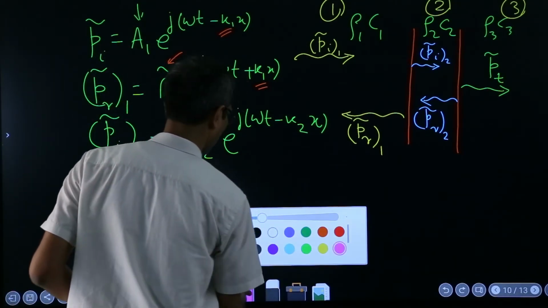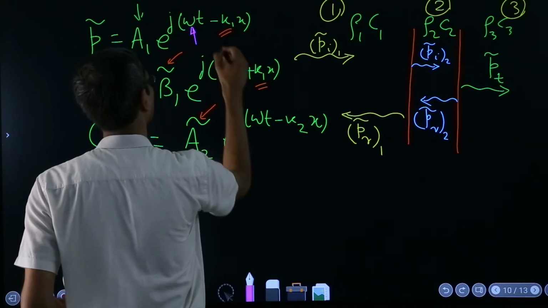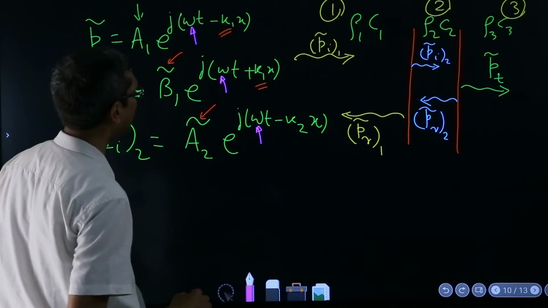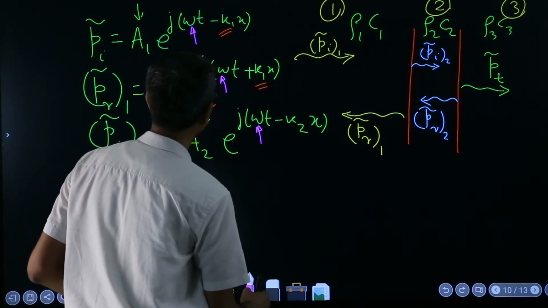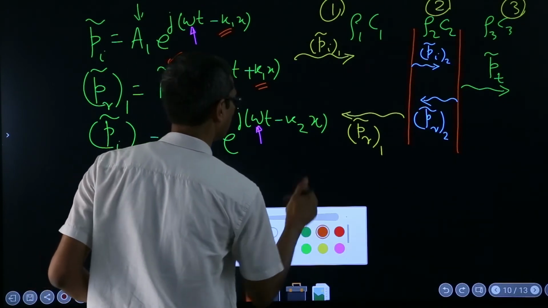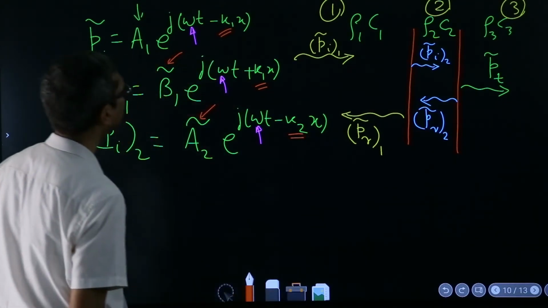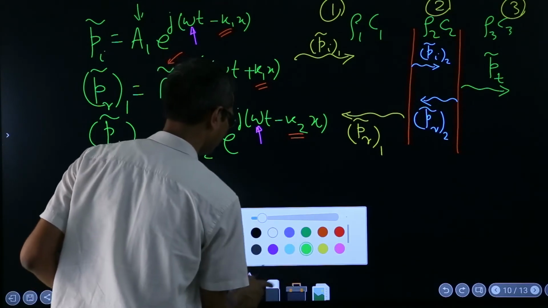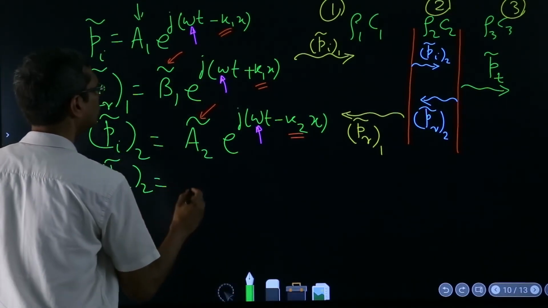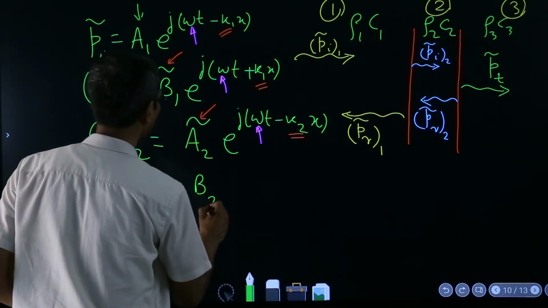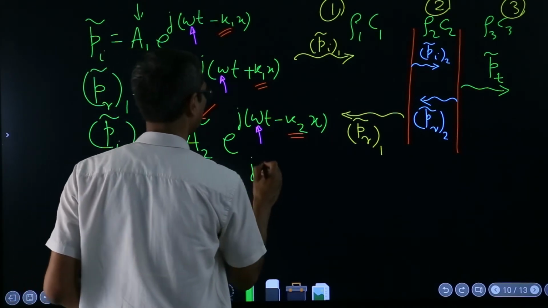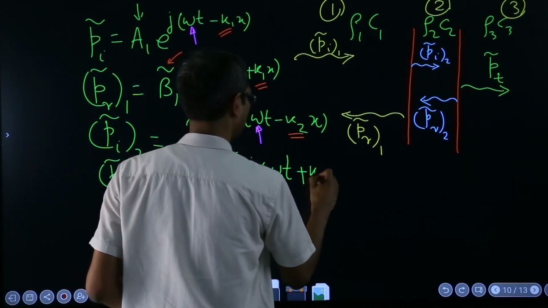Then omega is the same everywhere because the frequency cannot change. And k2. And then P reflected 2 will be B2 e raised to j(omega t plus k2x).